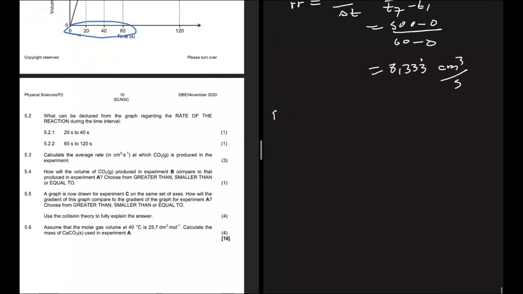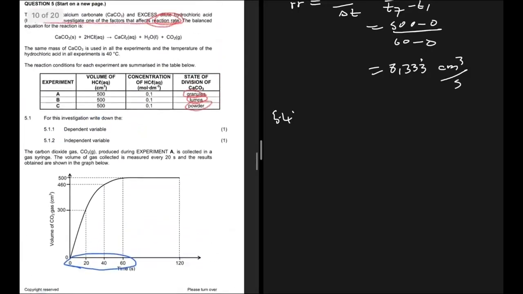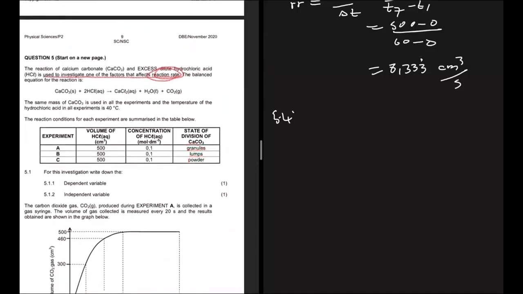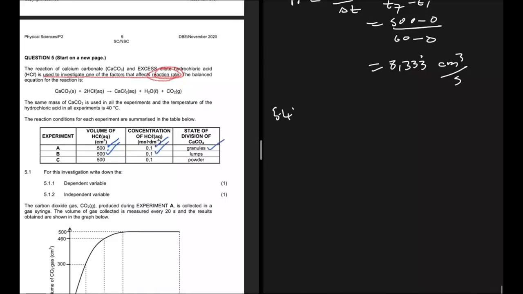And then we can move to 5.4, which says, how will the volume of CO2 produced in experiment B compare to that produced in experiment A? Choose from greater than, smaller than, or equal to. This is a tricky question because let's look at experiment A and experiment B. We have the same volume of HCl for A and B, the same concentration of HCl, and instead of granules, they're using lumps.